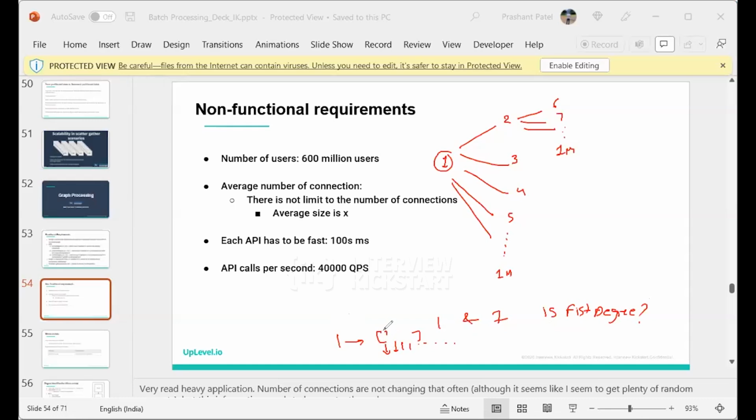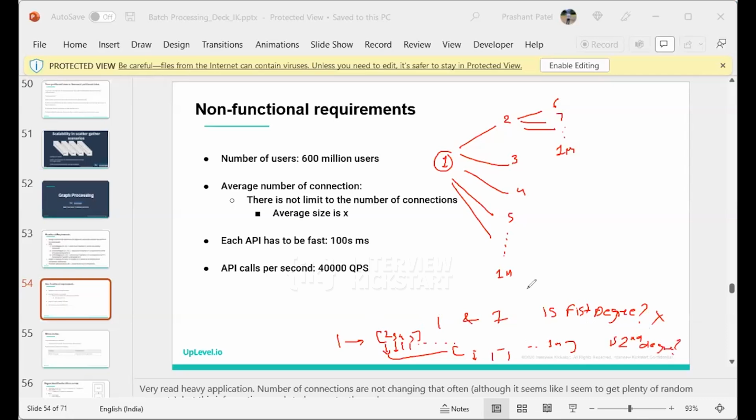Let's say it was 2, 3, 4, 5. We expand 2's list, so it would be 1 million users. We check whether this is 7, this is 7, again 1 million. Finally, at some point, say for 5 or 6, we find that yes, it's 7. So we say that it's not a first degree, but is second degree.